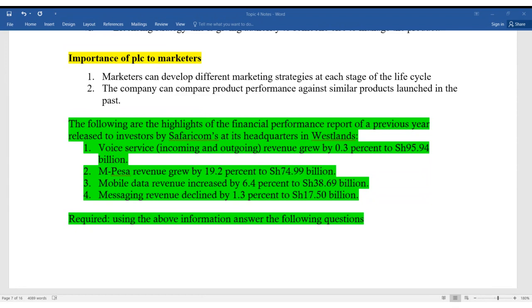Let's leave you. We'll give you your answer. Caroline, where do we place mobile data on the PLC plane? At the growth stage. At the growth stage? Yes. No, I think it's the maturity stage, because I think it's stable, like the mobile data. It's stable, it has reached its peak.